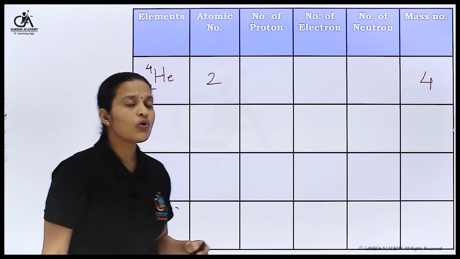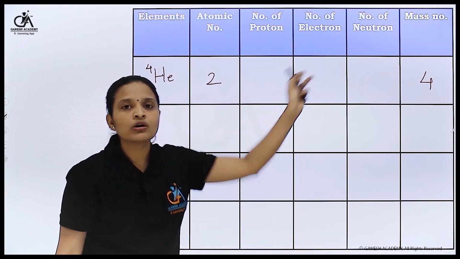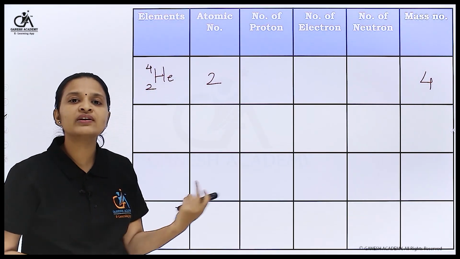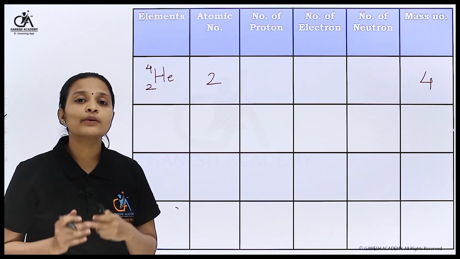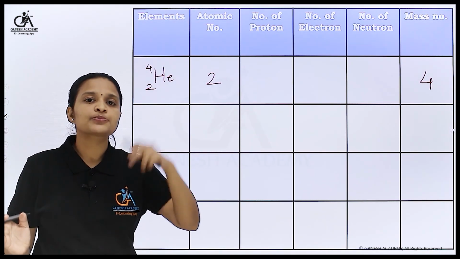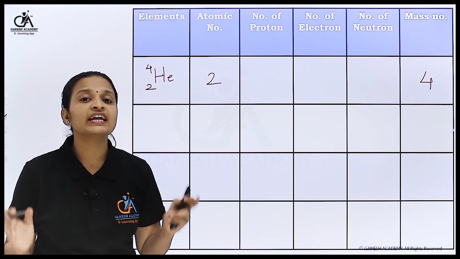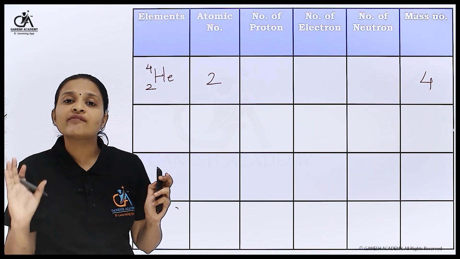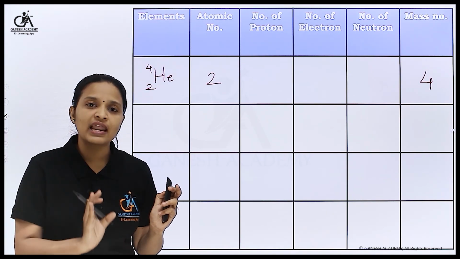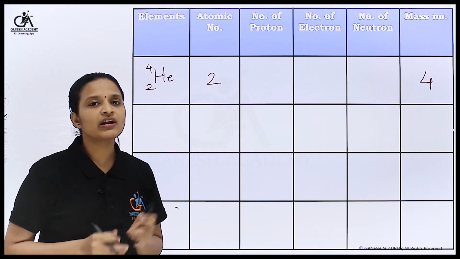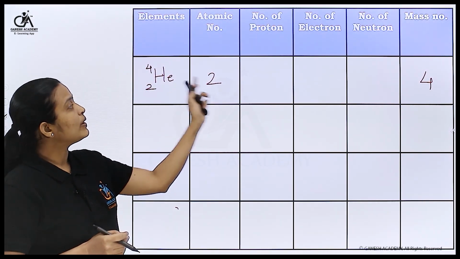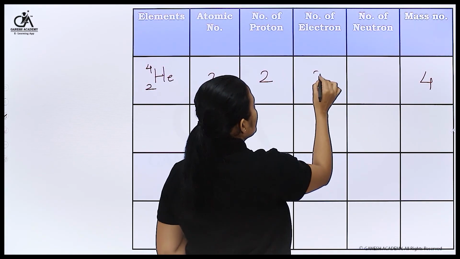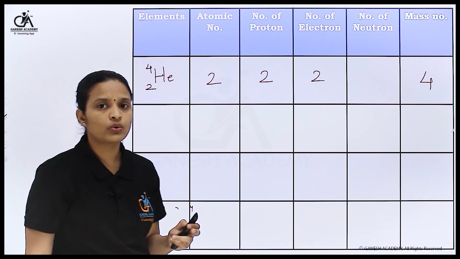Now we will calculate the number of protons, electrons and neutrons. In the previous slide I told you atomic number means the number of positively charged protons is equal to the number of negatively charged electrons. Suppose an atom of an element has atomic number 11, then it has 11 protons and also 11 electrons. Here the atomic number is 2, so the number of protons is 2 and the number of electrons is also 2.